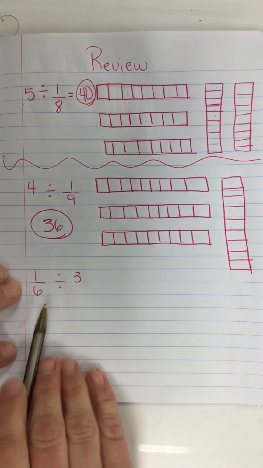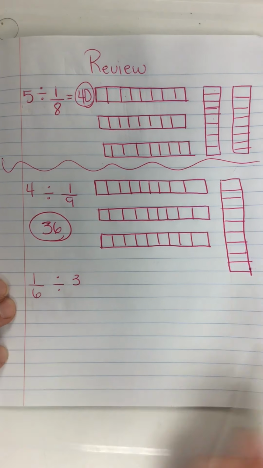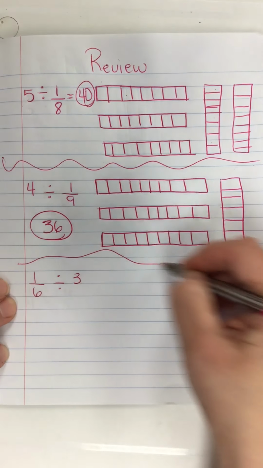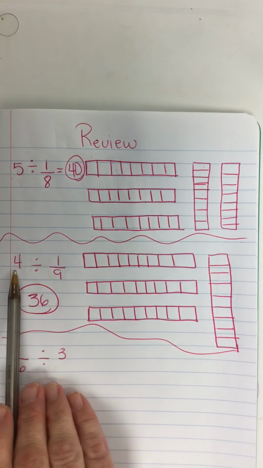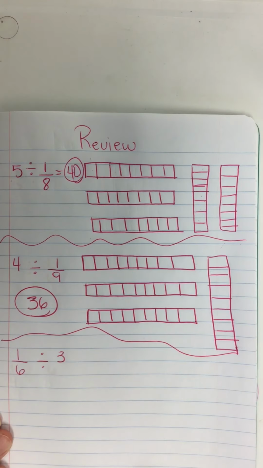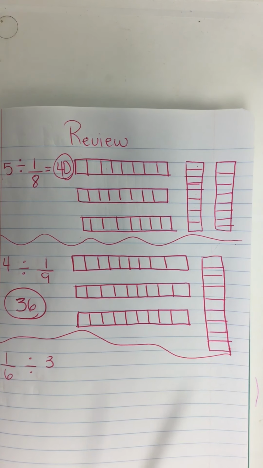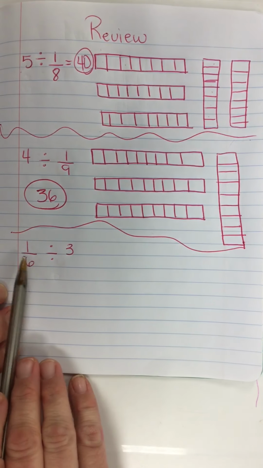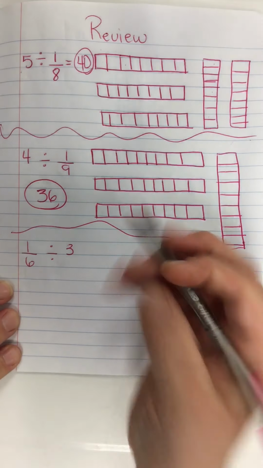Okay, now when we look at the fraction part, 1/6 divided by 3, it looks totally different. When we divided by a whole number, the whole number told us how many models we needed. But in this one, I'm taking 1/6 of an item.